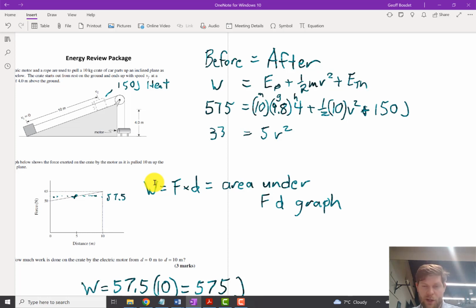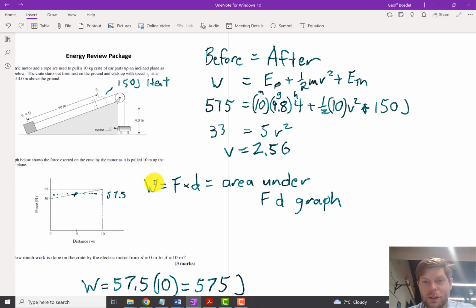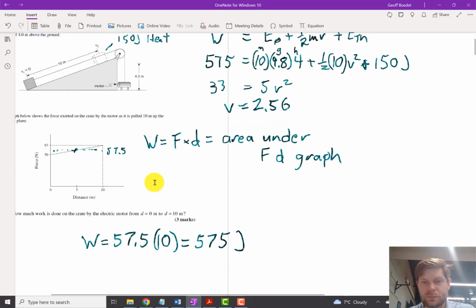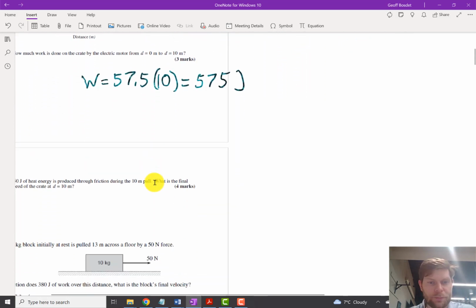And then if we divide that by 5, we would get 6.6. And then take the square root of that. And it should be 2.56, I believe. You can always check the answer key. Keep me honest. That's about it. Next guy.